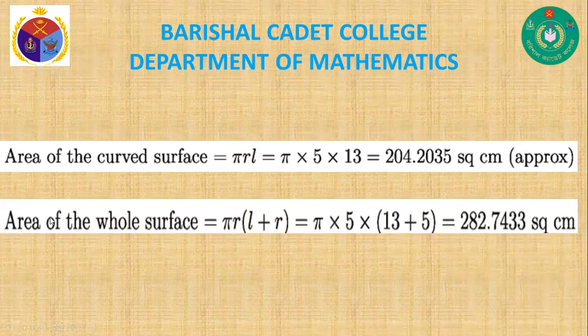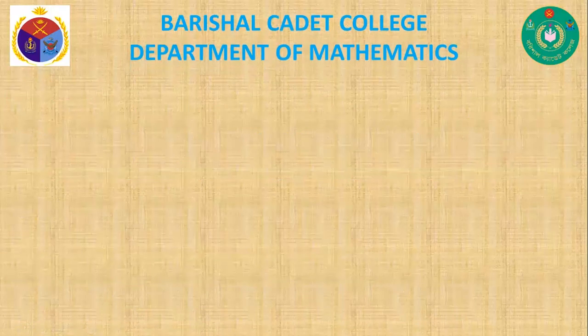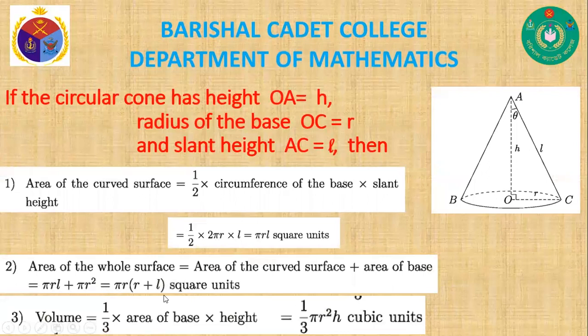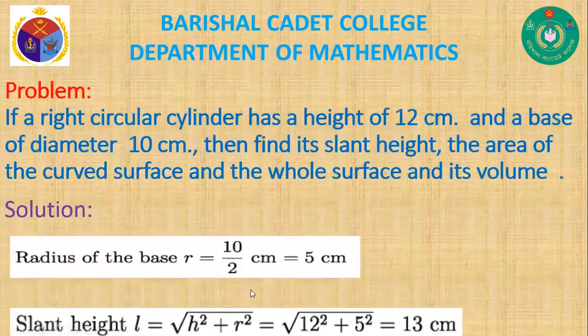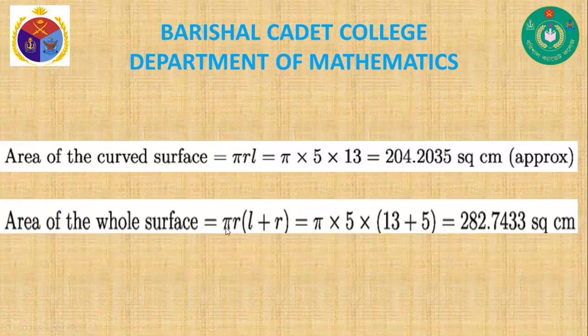Now we will calculate the area of the whole surface. First of all, we want to see the formula again. The area of the whole surface equals pi r into (r plus L) square units. So here we also take pi r into (L plus r).